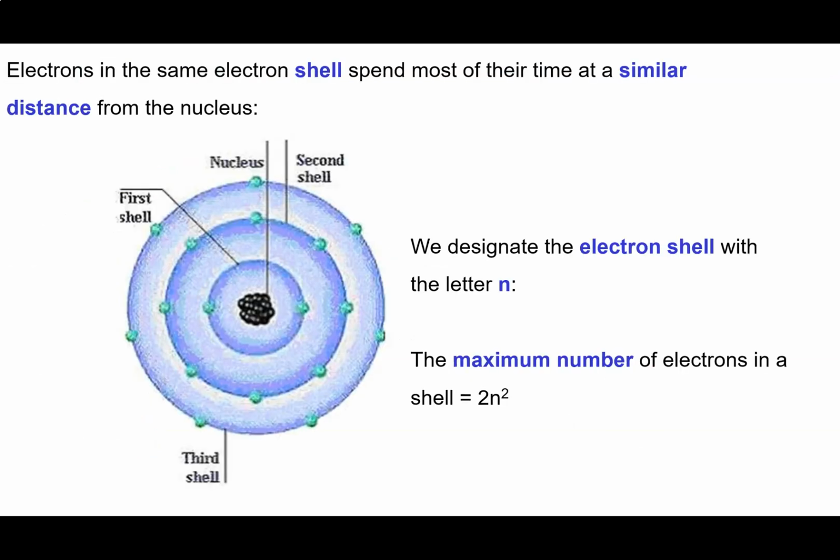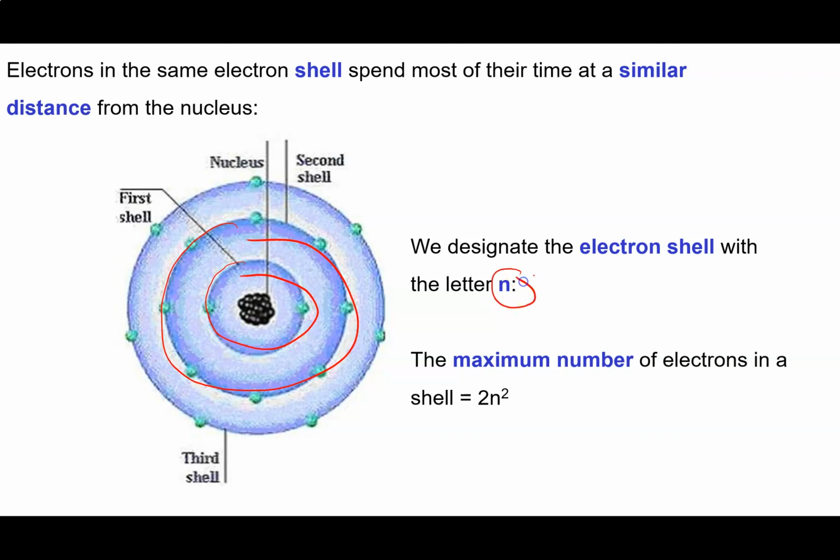Electrons in the same shell are at approximately the same distance from the nucleus. And you can see the further we get from the nucleus, the bigger the shells get. So it makes sense that as we get to bigger and bigger shells, we can put more electrons in them.